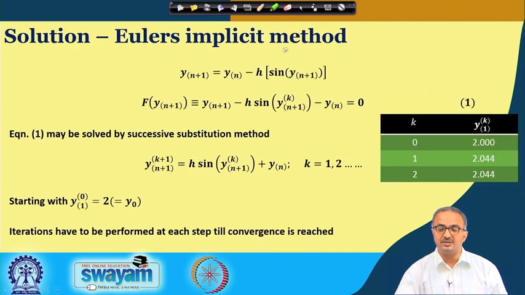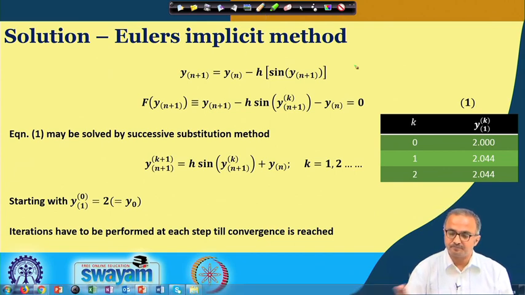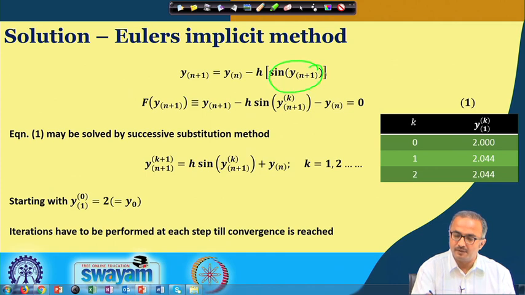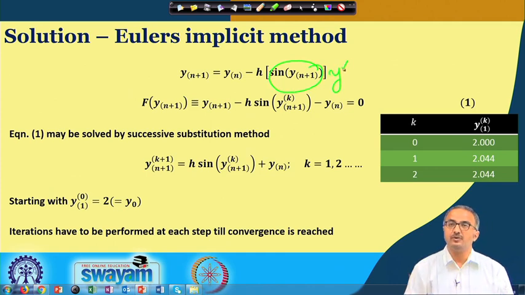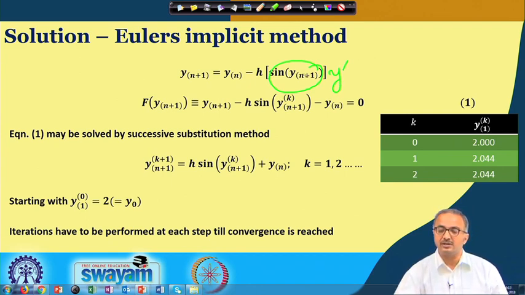So, here you see this is the expression for the implicit Euler technique. So, here you can see that this is basically the y prime value, which is coming from the given expression. Now this y prime is put in terms of the future value that is to be predicted.